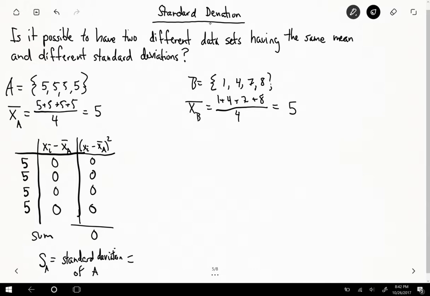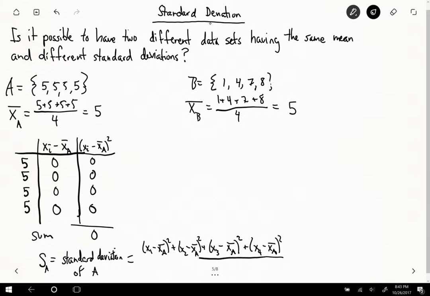Well, the formula goes: x1 minus x sub a bar squared, plus x2 minus x sub a bar squared, plus x sub 3 minus x sub a bar squared, plus x sub 4 minus x sub a bar squared.